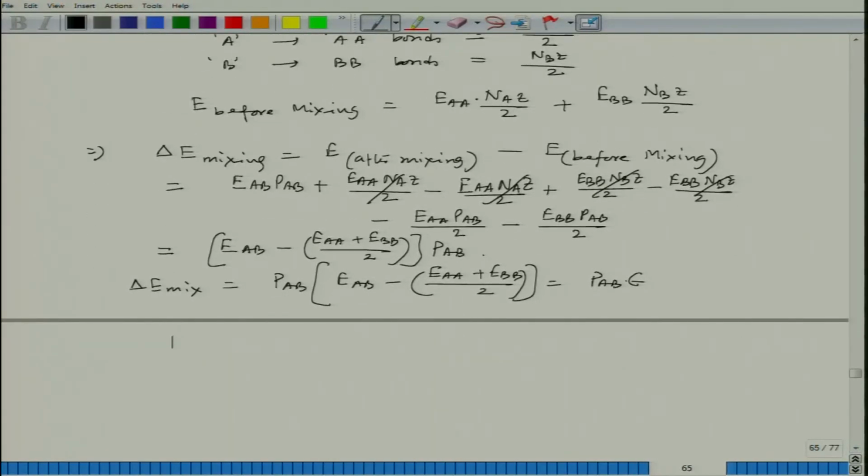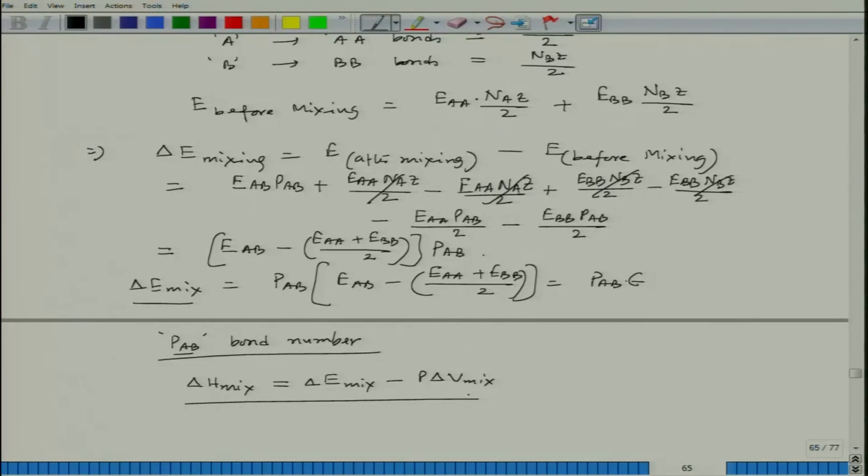Now, we have to find out PAB bond. Now, this E mix is nothing but the internal energy change. So, if I try to find out what would be my ΔHmix, it is coming from the first law of thermodynamics, which is the energy balance.